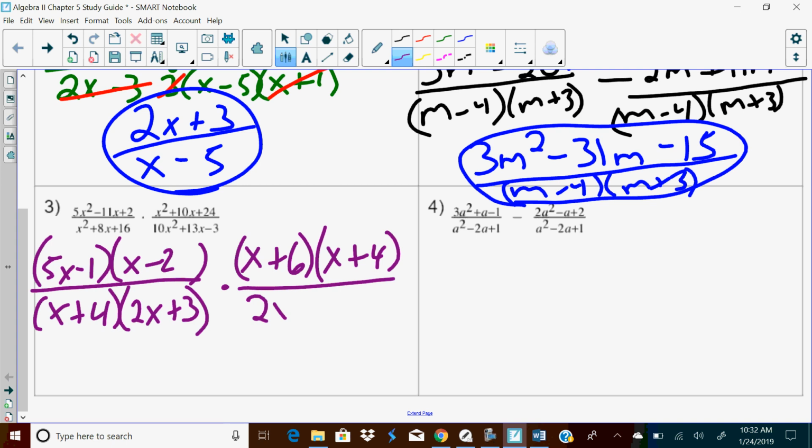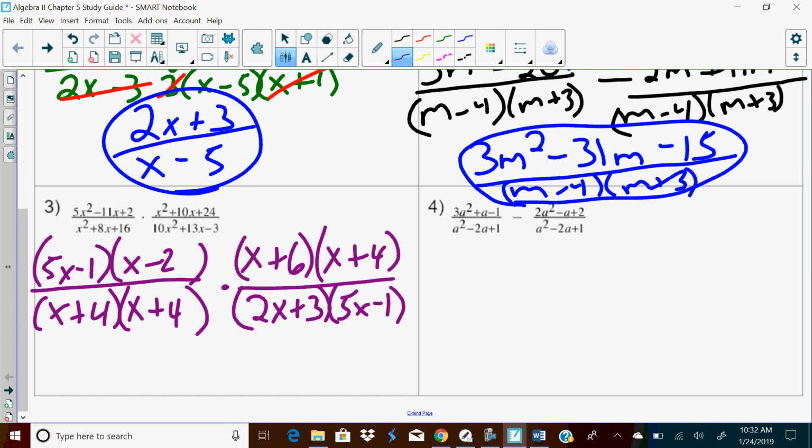Sorry, when I did this, this one should have been x plus 4 as well. The 2x plus 3 goes over here. I was looking at the wrong fraction, and then 5x minus 1.